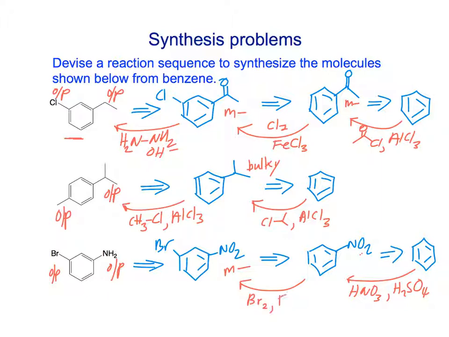Br2, FeBr3. And then we need to reduce the nitro group to the amine. And this is where we use the hydrogen and palladium on carbon, or the tin and hydrochloric acid. Okay? Any questions on that?